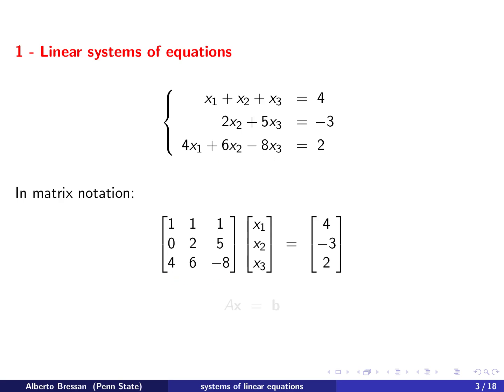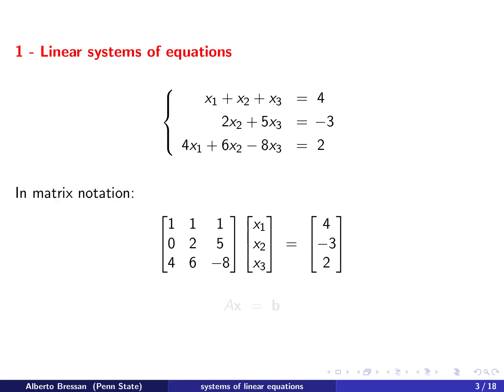These are multiplied by the so-called unknown vector, which is the unknowns x1, x2, x3 in a column vector, and then equal to the right-hand side, which is a column vector collecting the constants on the right-hand side.